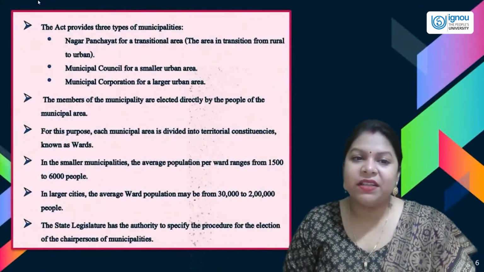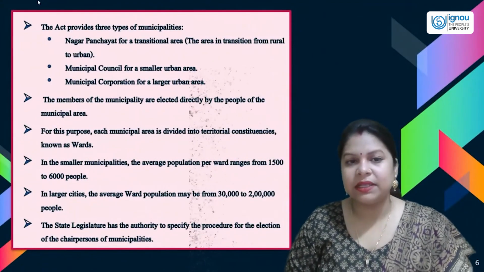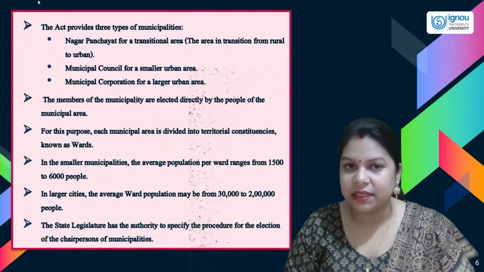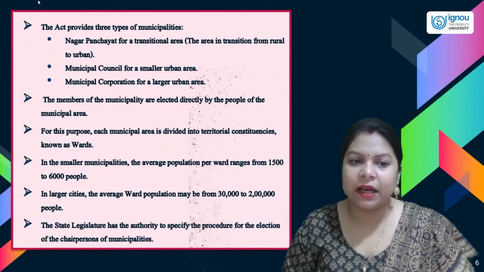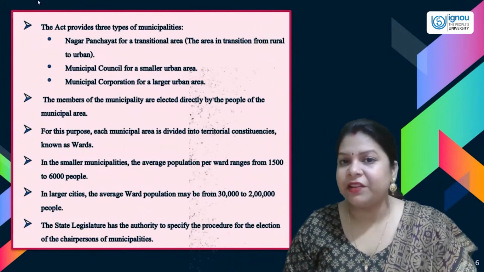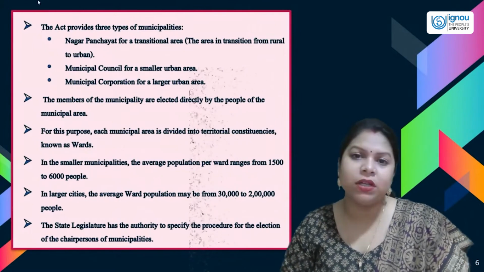This act provides three types of municipalities. This is very important to understand because these are the three types of municipalities that are there in our cities. The first is the Nagar Panchayat for a transitional area. By transitional area here, they mean the area in transition from rural to urban.